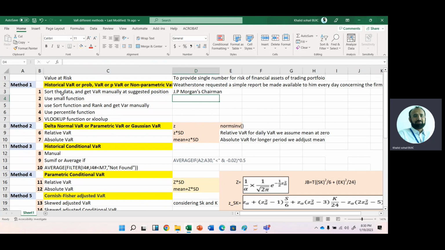For example, from live data, we have, let's say, stock price data, and we want to calculate the value at risk for a single asset. After getting the stock price data, we calculate the returns. For example, we have 1000 returns. With the help of the count function, we will get this number, and then we assume a 5% probability.